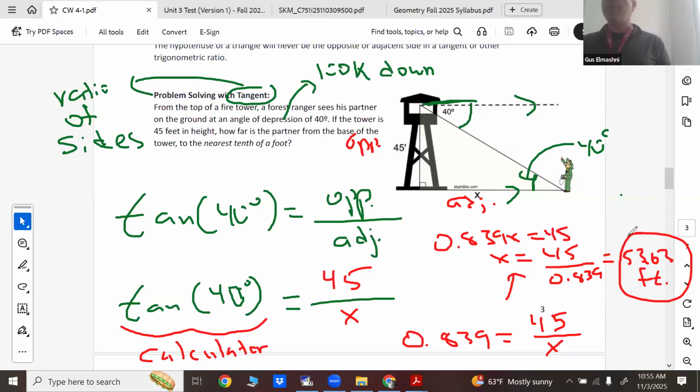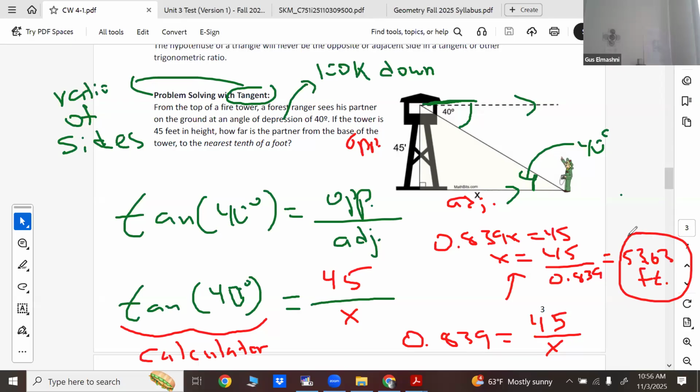It's a ratio of the opposite over adjacent for whatever angle you're given. Yes, tangent's like slope. What if this guy walks closer? What happens to this line now? It gets steeper. So I'm trying to find the slope of that line. That's what I'm doing. Great question.